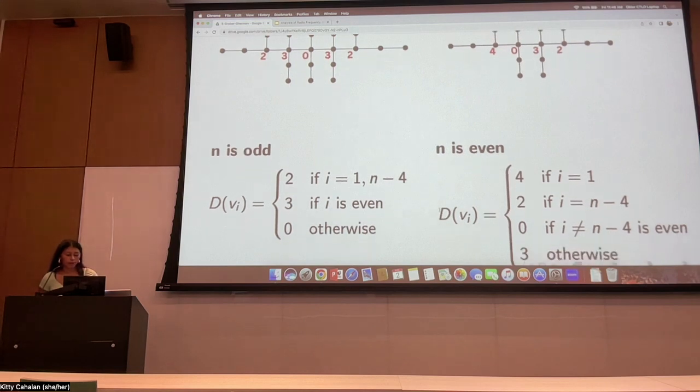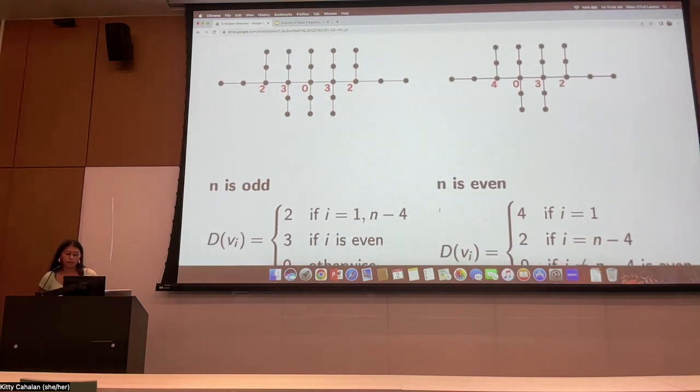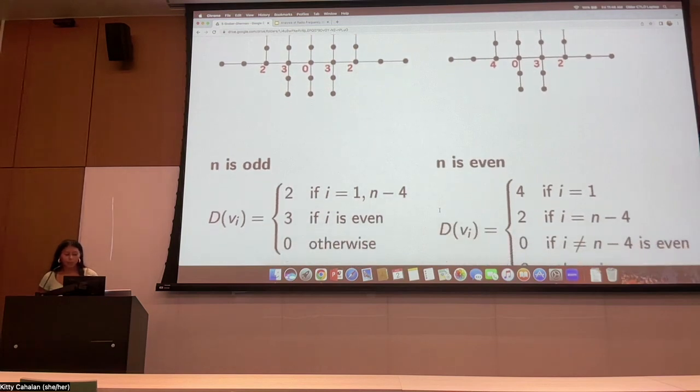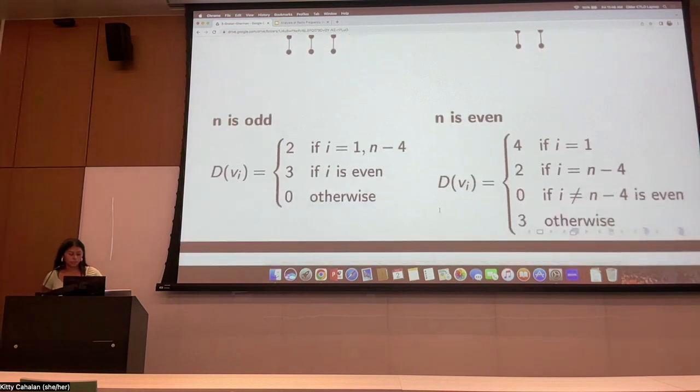On the right, we have an example of an even length lobster tree. Again, following our algorithm, we would place 4 pebbles on the first lobster joint, and then an alternating pattern of 0s and 3s, and 2 pebbles on the last lobster joint.